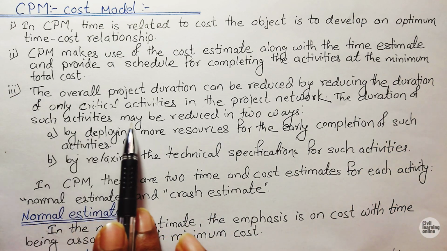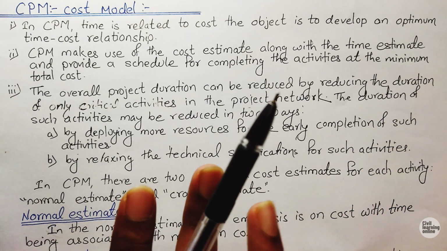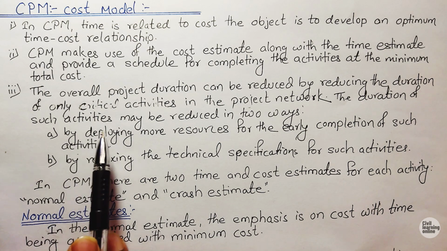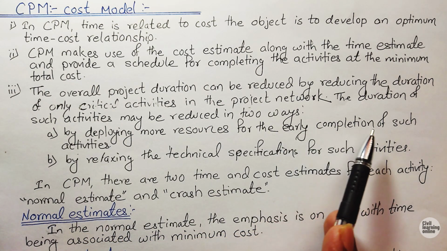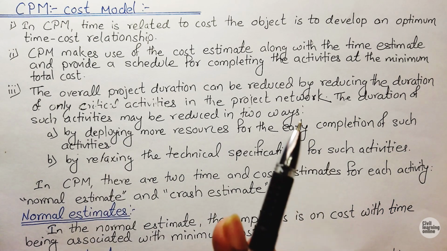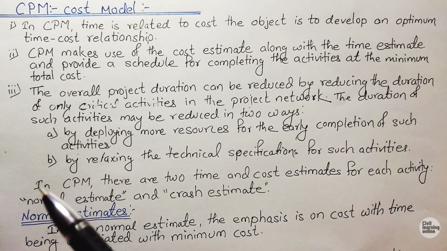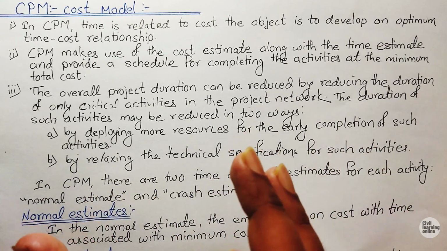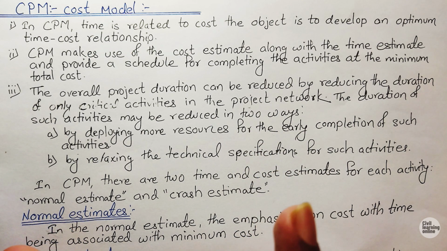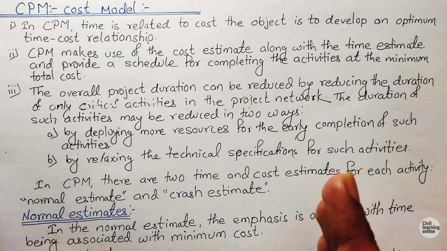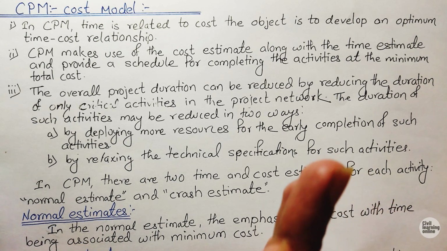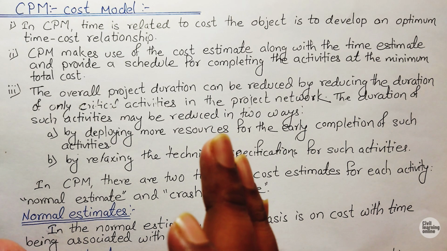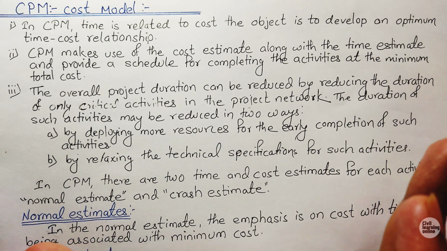The duration of such an activity may be reduced in two ways. First one is by deploying more resources for the early completion of the activity. Suppose we are doing excavation work of a trench, and we are hiring 10 workers, and it takes 10 days for the 10 workers to dig a 100-meter long trench.